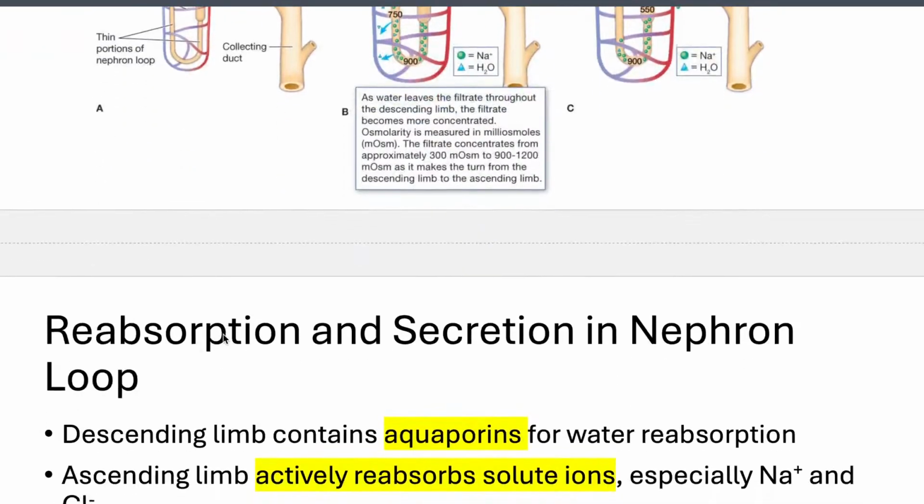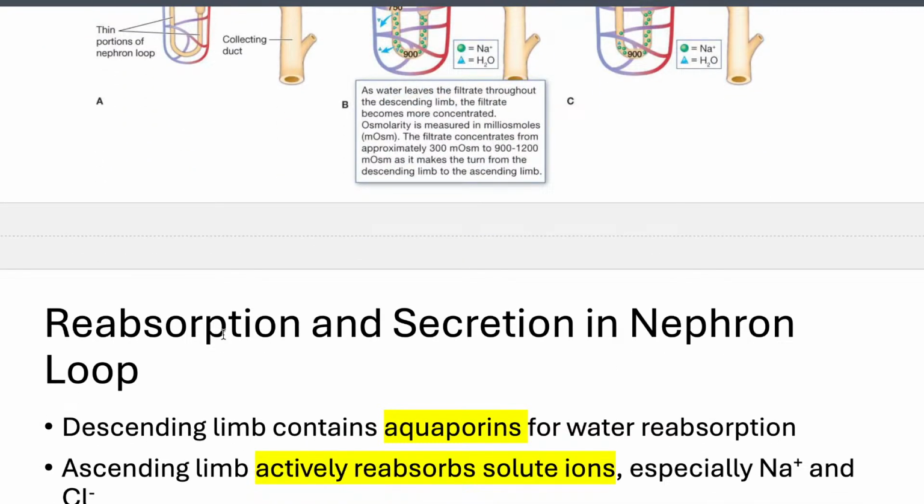That's why we need aquaporins, which are like transport channels especially for water. So they contain aquaporins for water reabsorption. The ascending limb actively reabsorbs solutes, ions, especially sodium and chloride. It builds the osmotic gradient for water reabsorption for the descending limb.